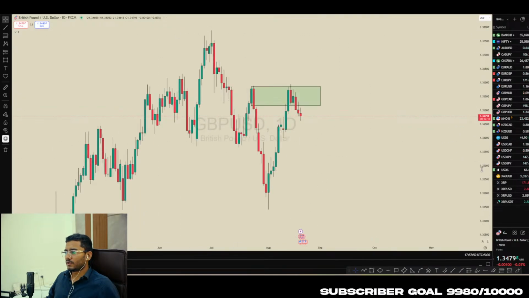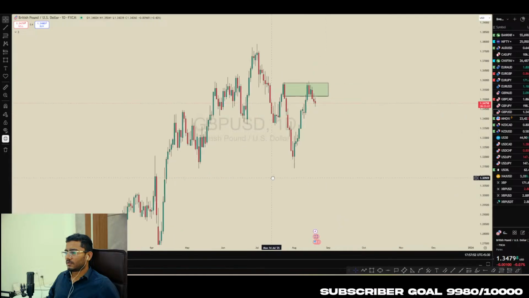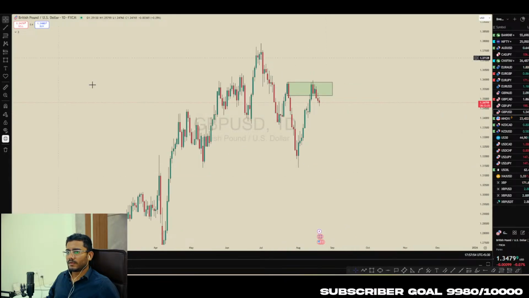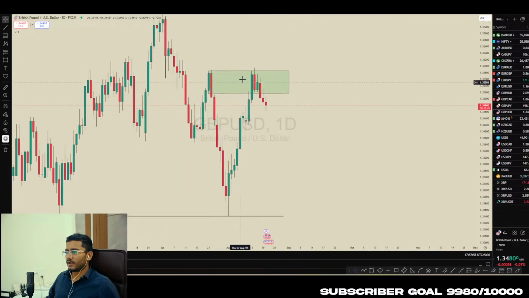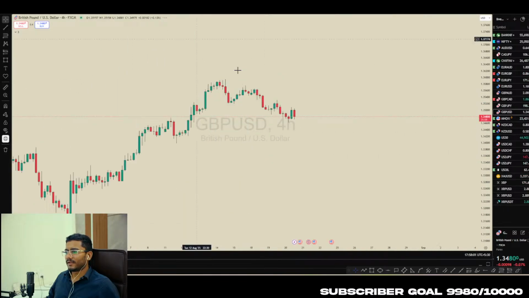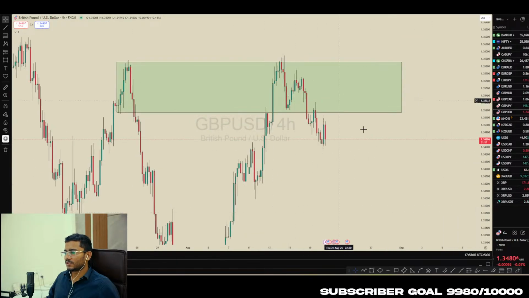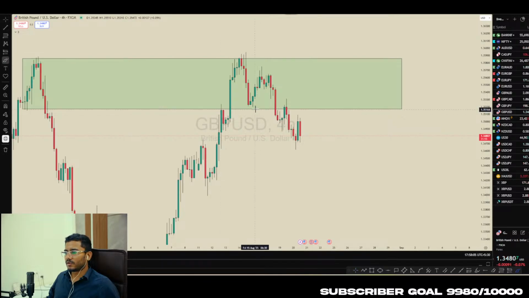So if you look at 4 hour, here we have this equal lows on daily time frame. But right now on daily time frame, price is making 3 red candlesticks. So overall, our direction is going to the downside. So price is going downside, creating lower highs, lower low, lower high, and we have this impulse to the upside. Probably it will again break the structure and it can continue.